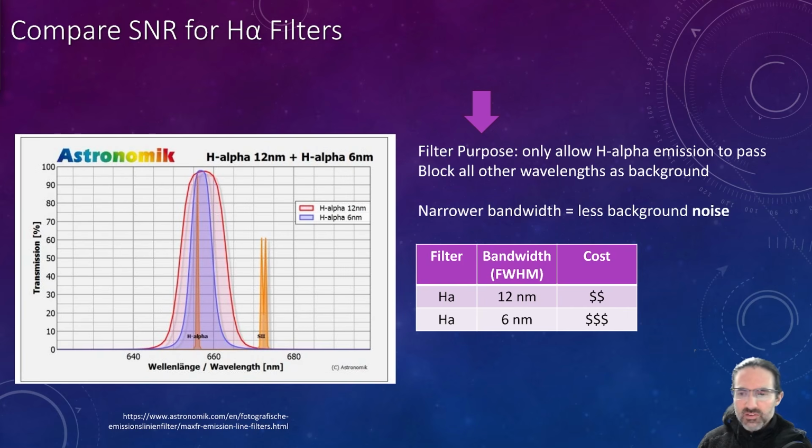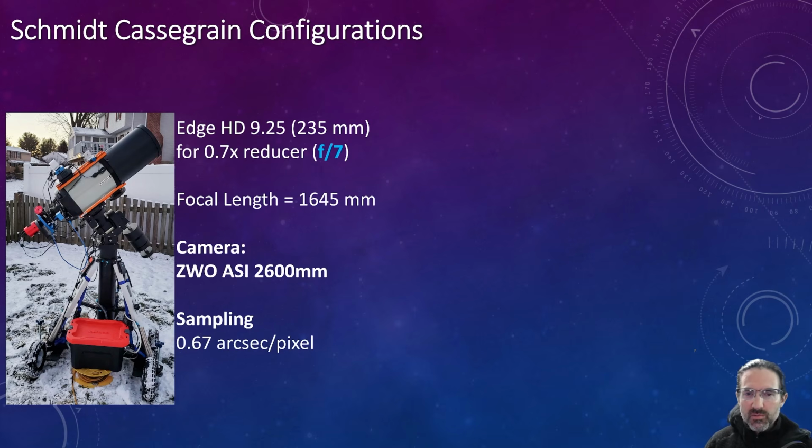So what started all of this for me is that I have two H-alpha filters, one at 12nm and one at 6nm, and I wanted to really understand what I was getting as a difference between these two bandwidths that come at different costs. The primary telescope that I used here was an Edge HD 9.25 inch or 235mm Schmidt-Cassegrain telescope, using the 0.7x reducer, which gave me a focal ratio of about 7.